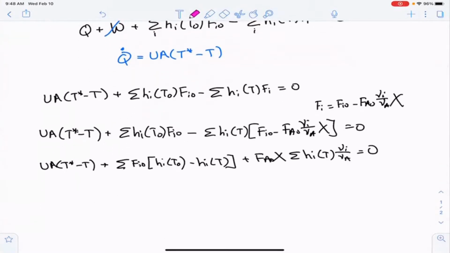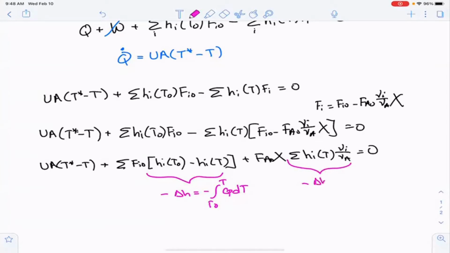But this, we said last time, is simply minus delta H, which was minus the integral of Cp dT from T0 to T. And we also said correctly that this sum is just minus delta H of reaction per mole of A, okay?